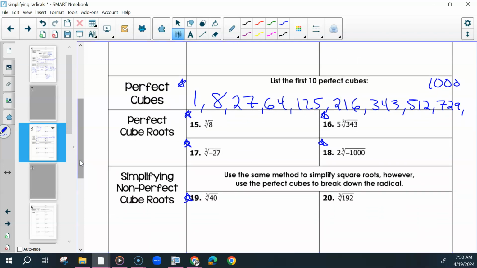And know that we're dealing with cube groups, so groups of 3, not pairs.